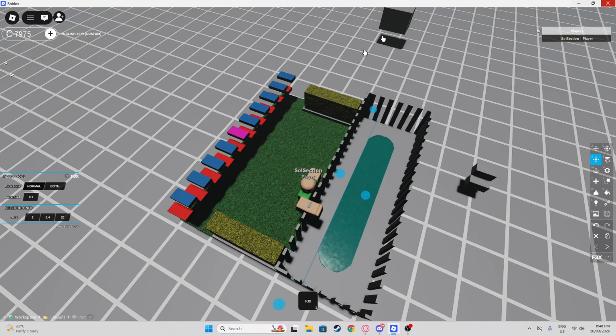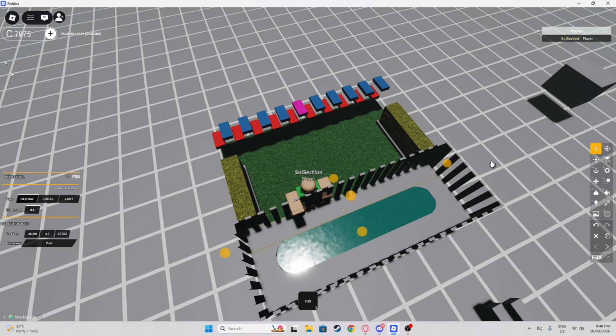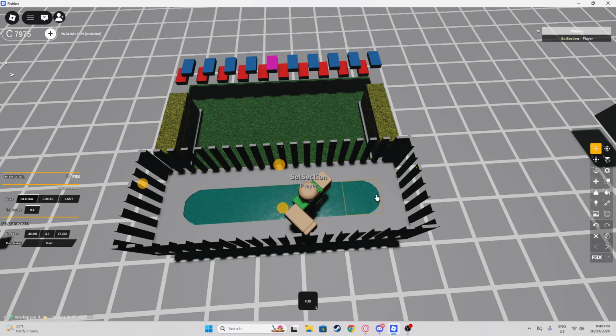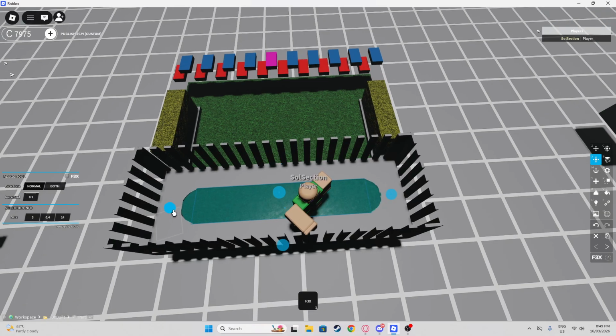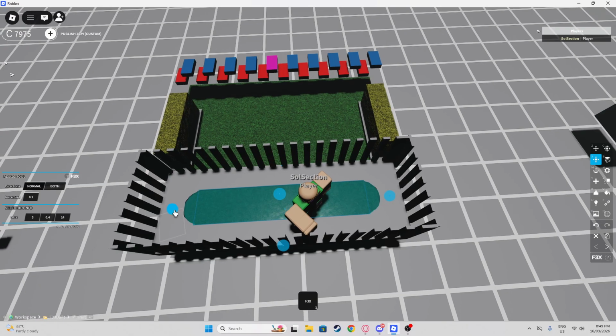Okay, let's see. So that means the pool, it's 3, 6. Well, that's 3, 14.